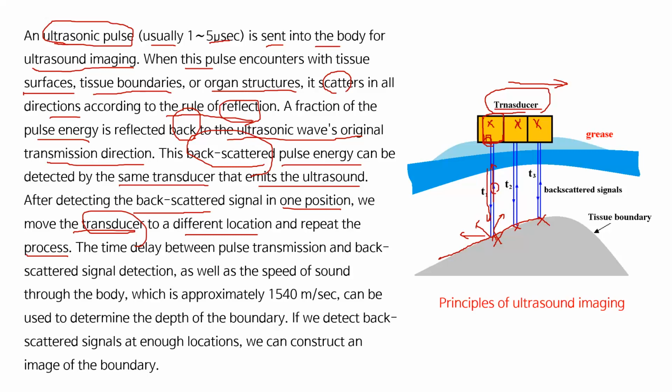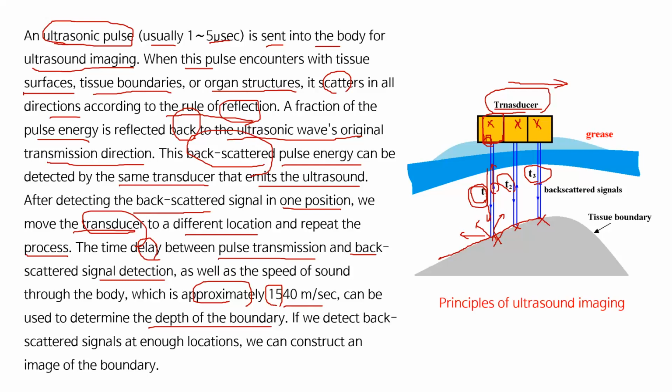The time delay between pulse transmission and the backscattered signal detection, as well as the speed of sound through the body, which is approximately 1540 meters per second, can be used to determine the depth of the boundary. So we can use this time t, t1, t2, or t3.